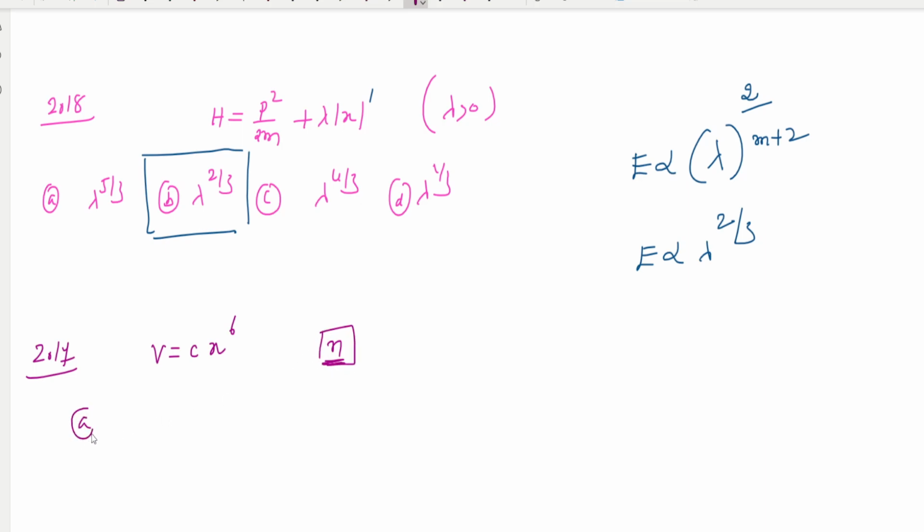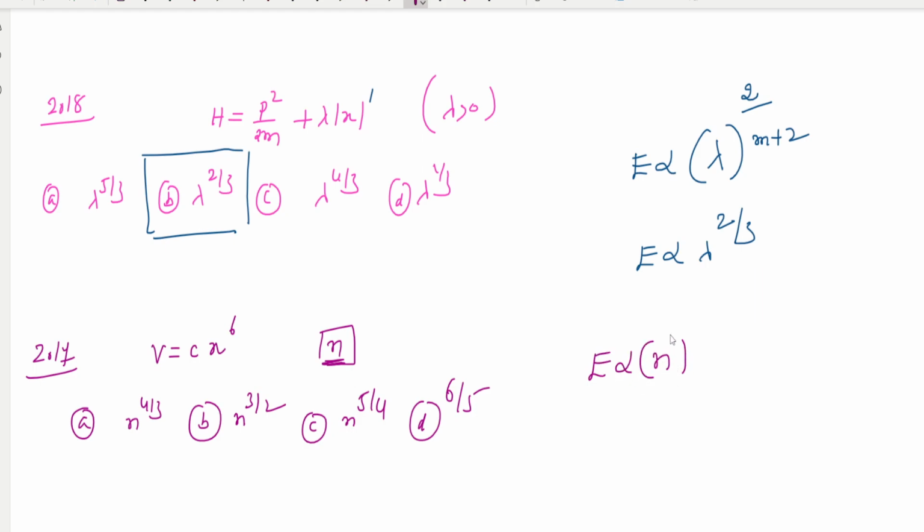Here option A there is n 4 divided, option B 3 divided, option C n 5 divided 4, option D 6 divided. So here the energy depends on the quantum number. So use this.